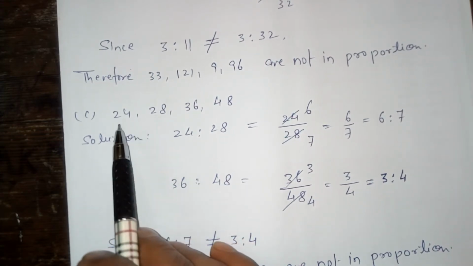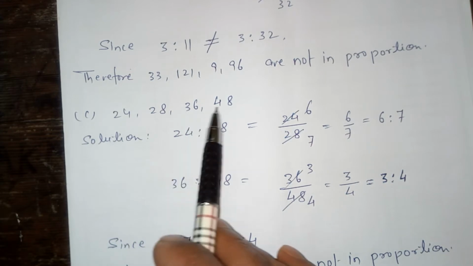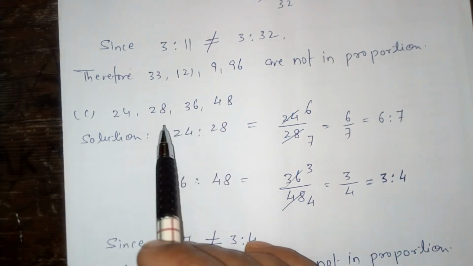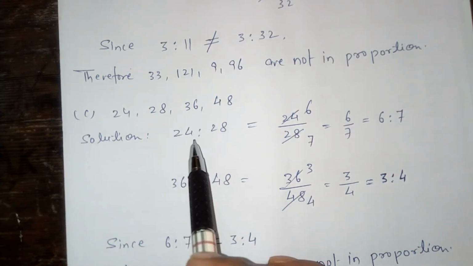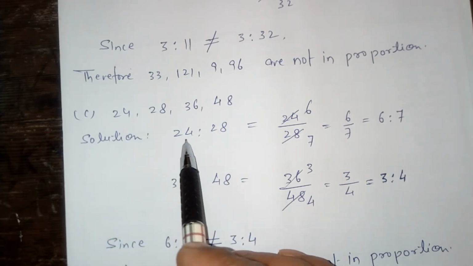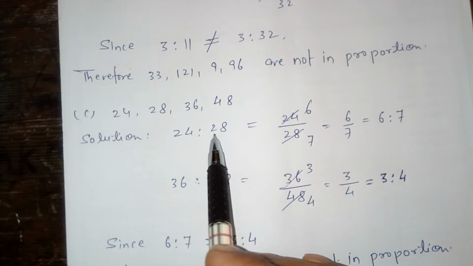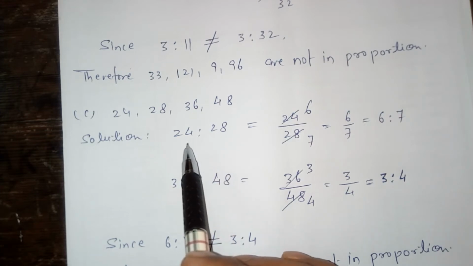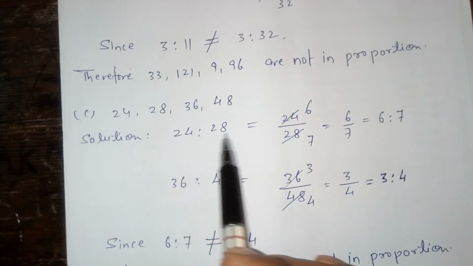There are four numbers 24, 28, 36, 48. In these questions, first we find out the ratio of first and second number. First number is 24, second number is 28. So the ratio of first and second number will be 24:28.